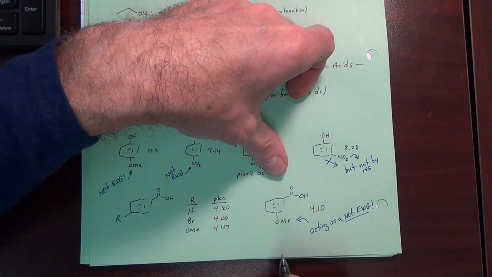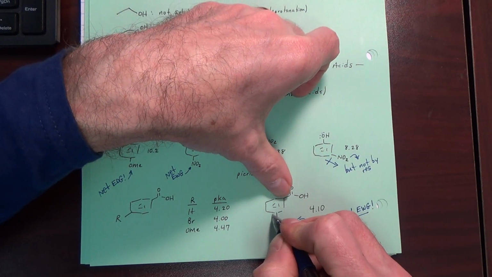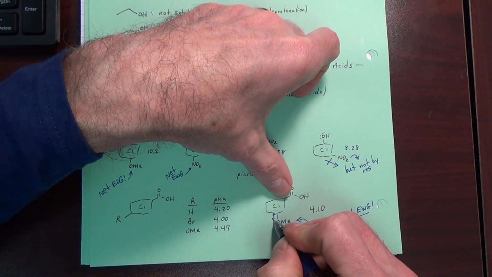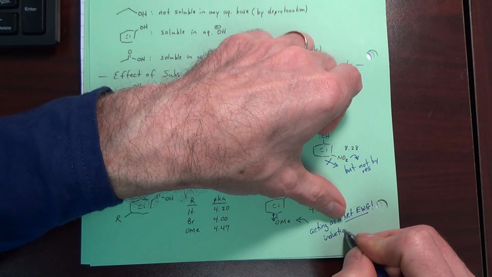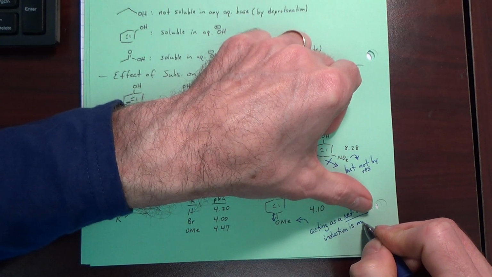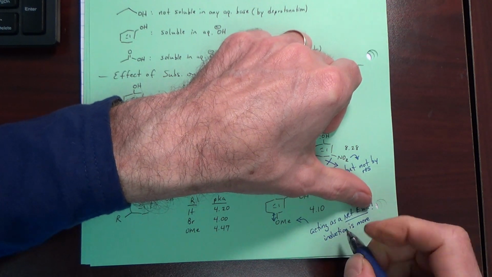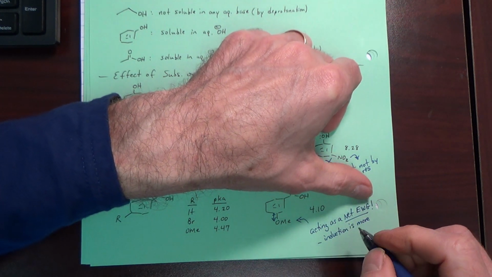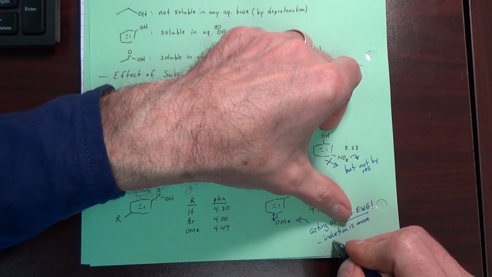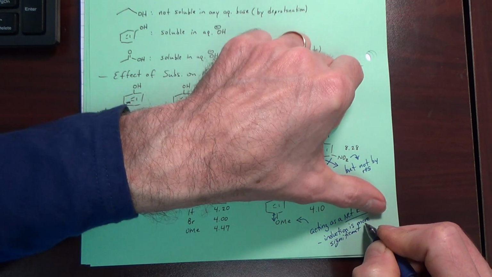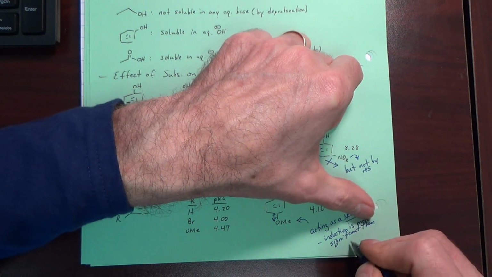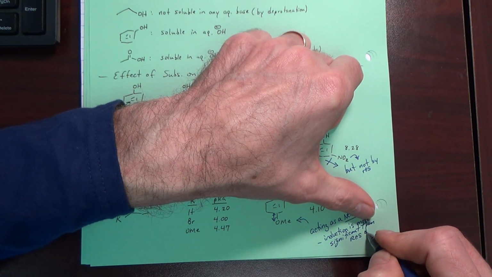How can it act as a net electron withdrawer? Well, oxygen is more electronegative than carbon. Induction is more significant than resonance donation.